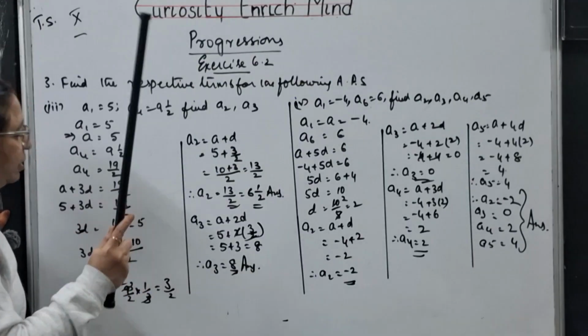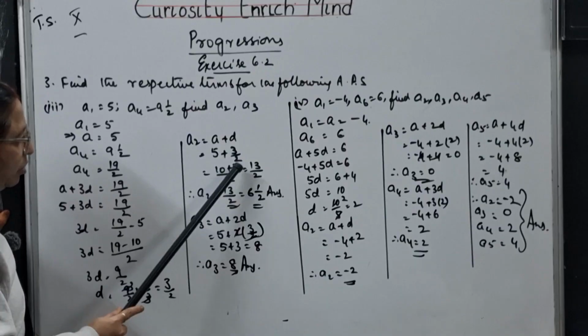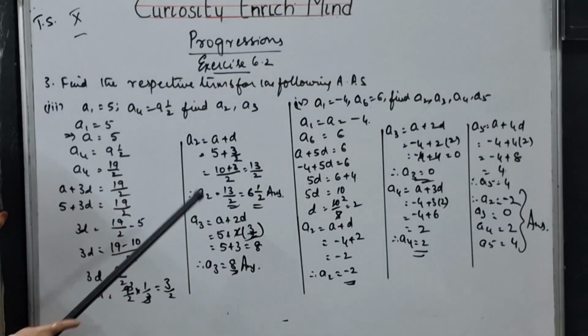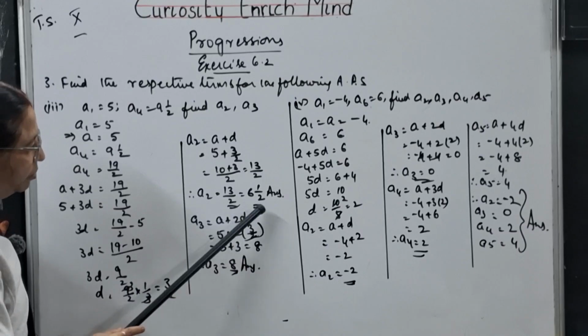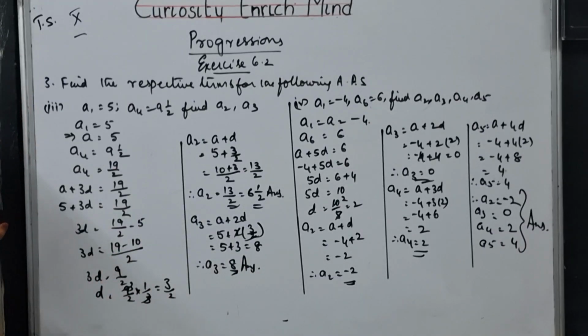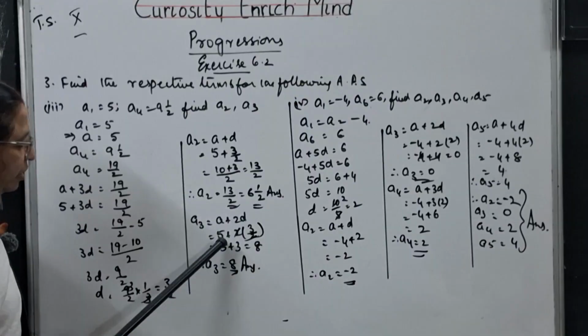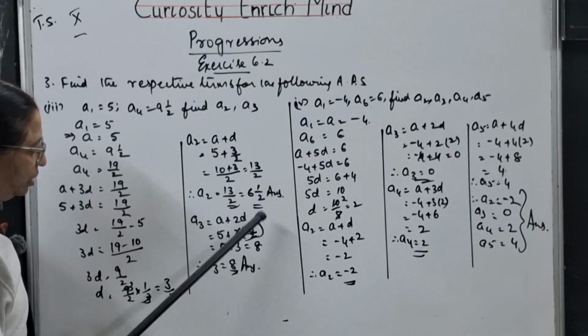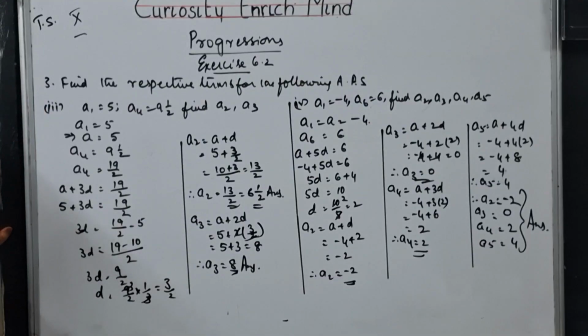A2 means A plus D, 5 plus 3 by 2. That is LCM 2, 10 plus 3, 13 by 2. And A2 is 13 by 2, which I have converted from improper fraction to mixed fraction, 6 1 by 2. And A3, A plus 2D, that is 5 plus 2 into D, which is 3 by 2. 2 and 2 will get cancelled, 5 plus 3, that is 8.